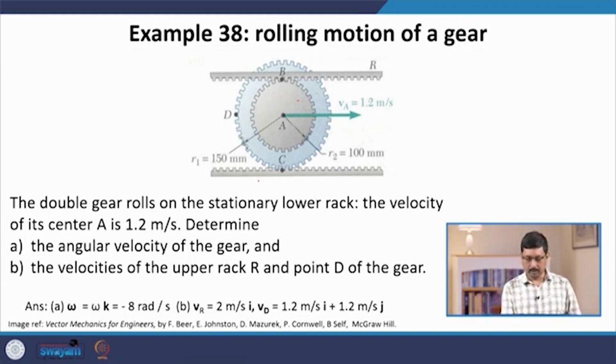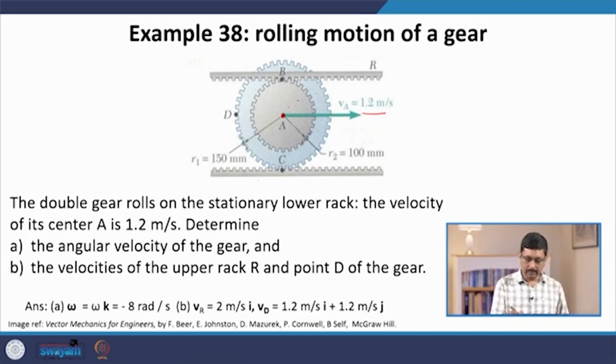there is a rack on the lower side which is at rest. Now, this gear mechanism works in such a way that the center of the gear A is moving to the right with some velocity V A, which is given as 1.2 meter per second.